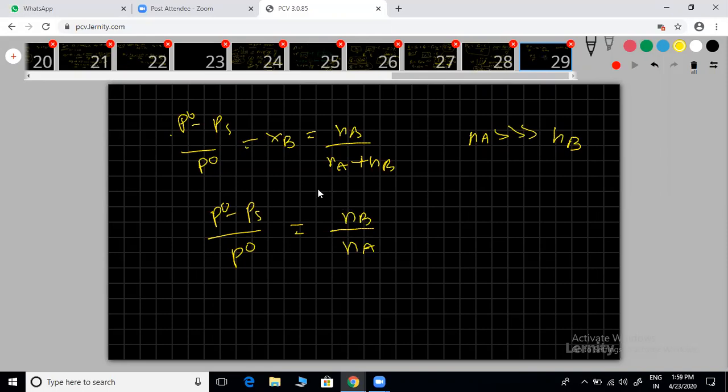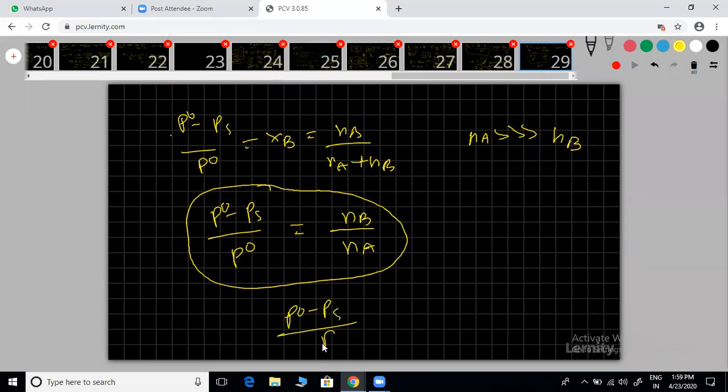If they mention very dilute solutions, then we can use this formula. But if they are specifically asking for the molecular weight of the solute, then you can use (P naught minus Ps) by Ps equals Nb by Na. This is for molecular weights.